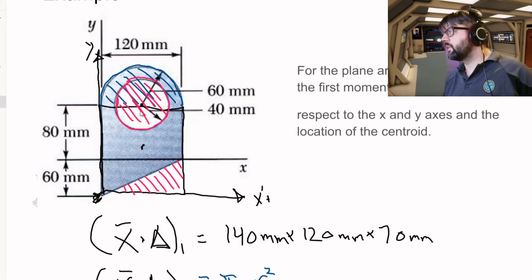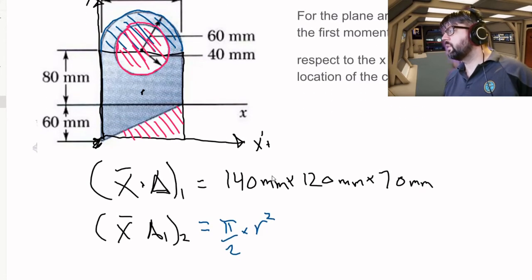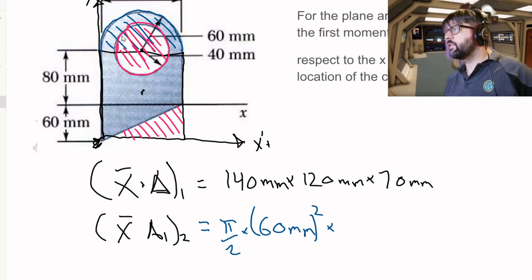In this instance, the radius is 60 millimeters. I'll erase our radius squared there and put in 60 millimeters. And then we also have our X bar location.